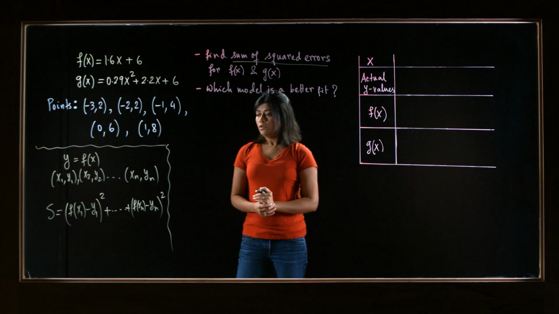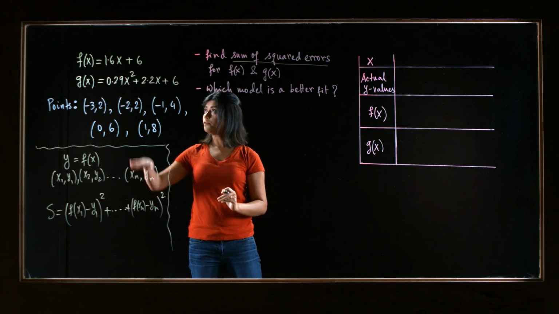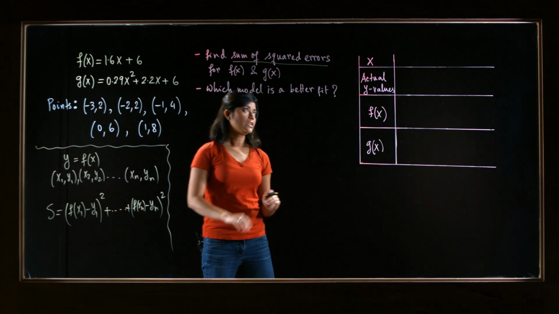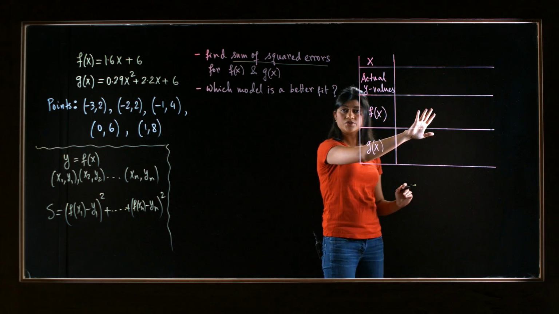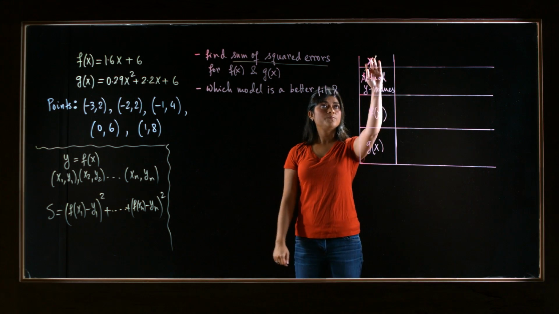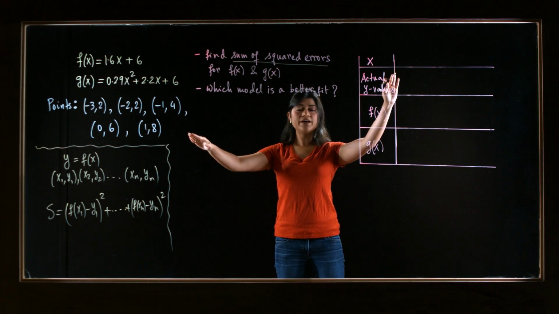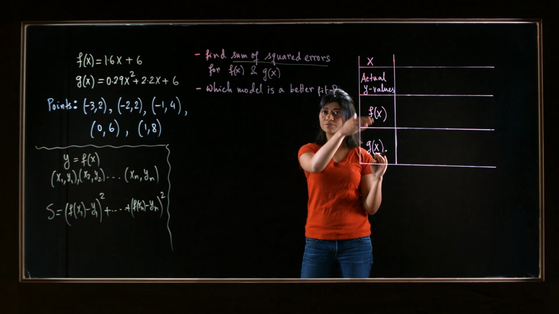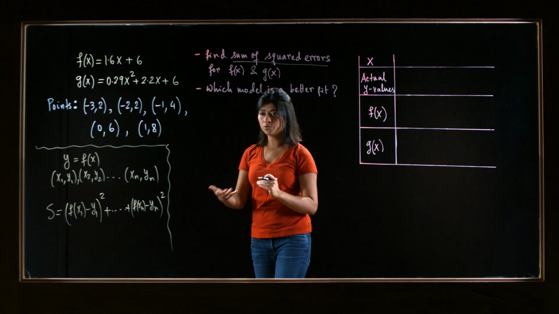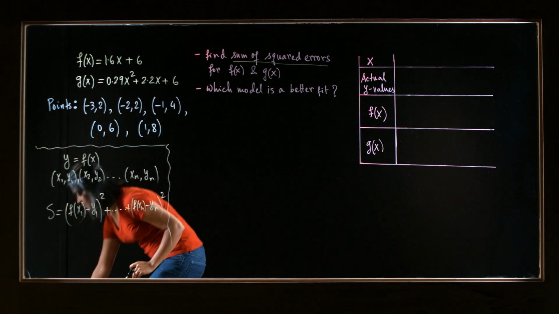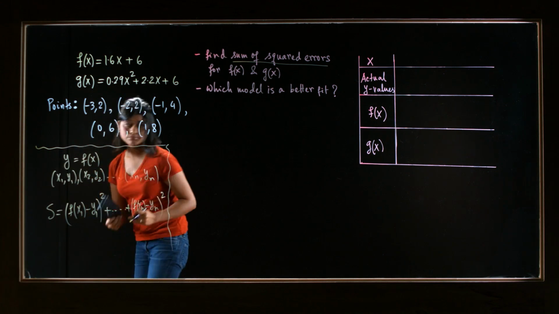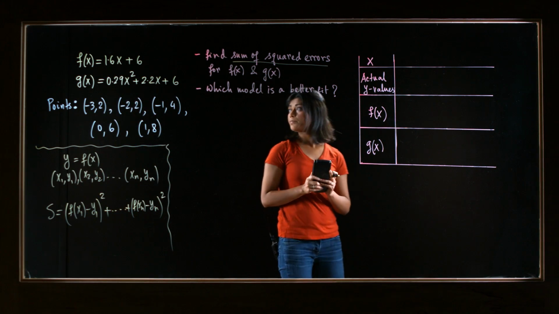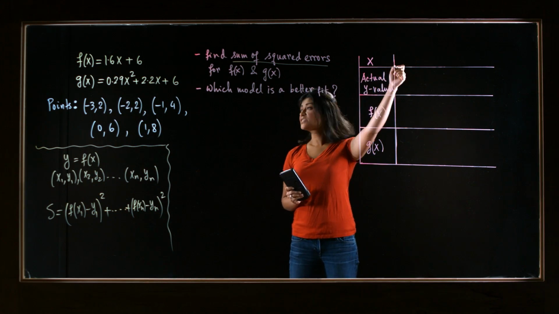Now, to compute this sum for f and g, let's make a table first. So we will plug in our x values and the y values of the given points, and then we will compute the function values for f and g for both models. So pick a calculator, whatever calculator you have, and let's first write down the x values.